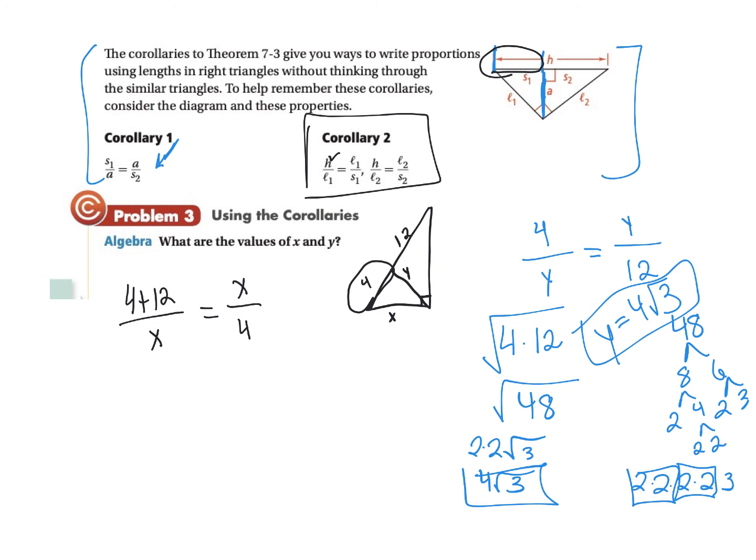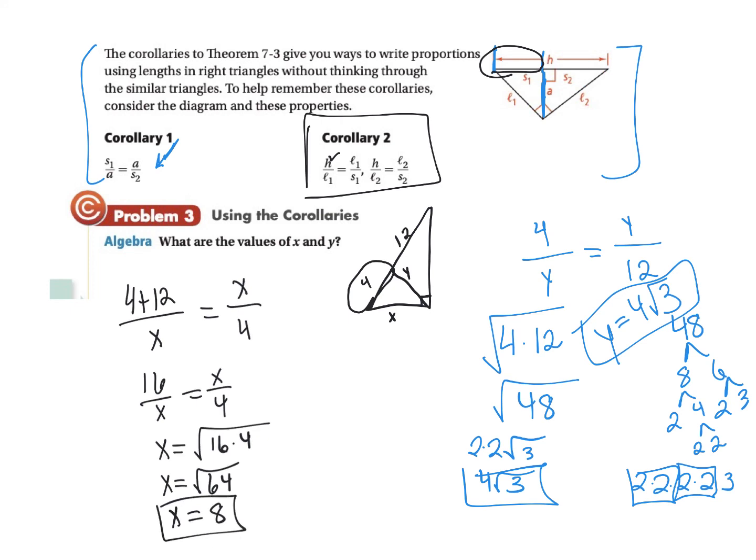Okay, so full hypotenuse over leg equals leg over small part of the hypotenuse. So 4 plus 12 gives me 16 over x equals x over 4. I'm going to do 16 times 4, because to find x, I would do the square root of 16 times 4, which is the square root of 64, and that's a perfect square, so the square root of 64 is 8.